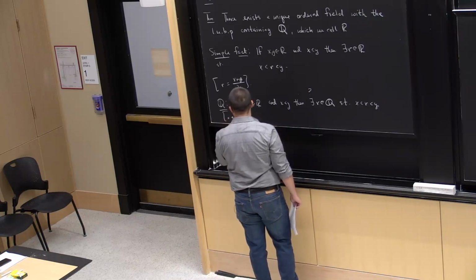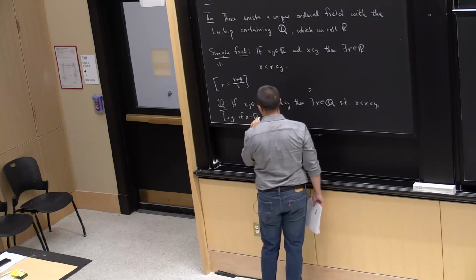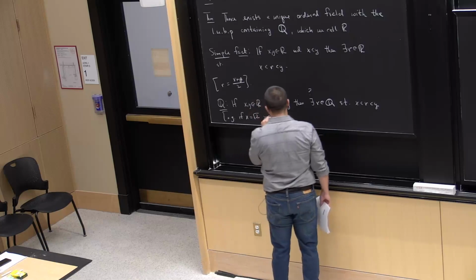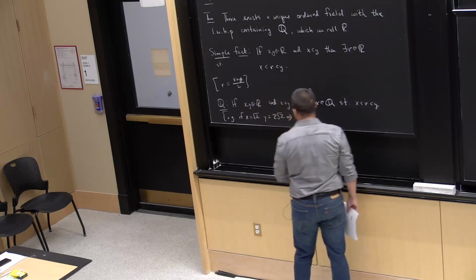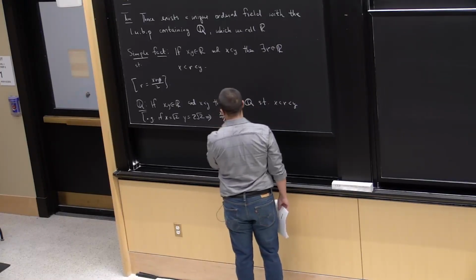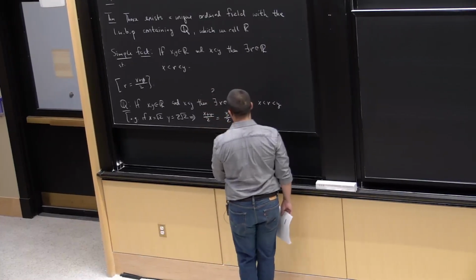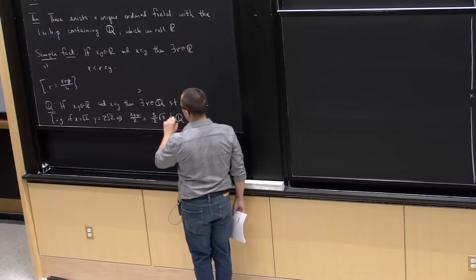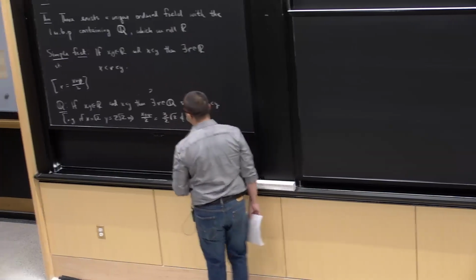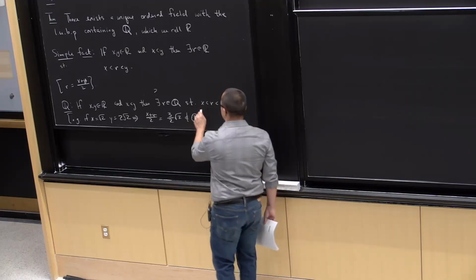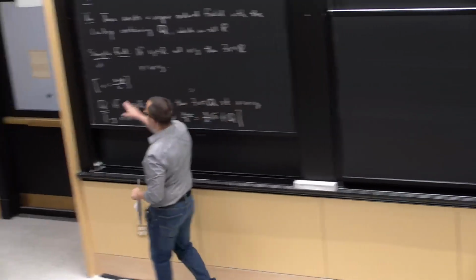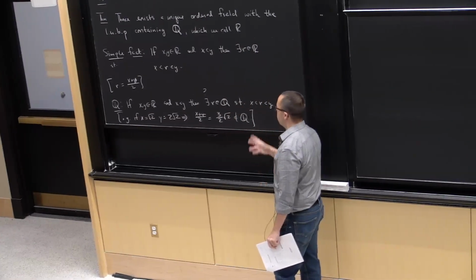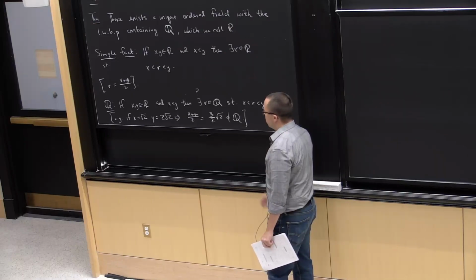For example, if x equals root 2 and y equals 2 root 2, then (x plus y) over 2 equals 3 halves root 2, which is not a rational number, because if it were, I could multiply through by 2/3 and say the square root of 2 is rational. So simply taking the average does not necessarily give a rational in between two real numbers. That's not so clear to see.